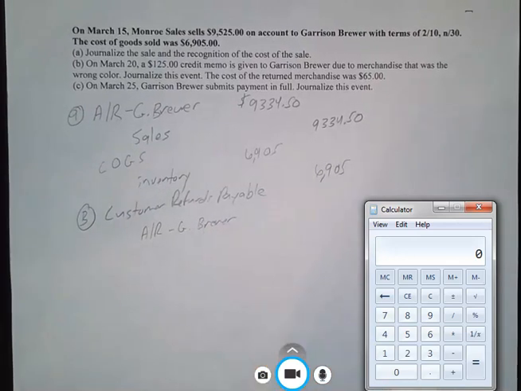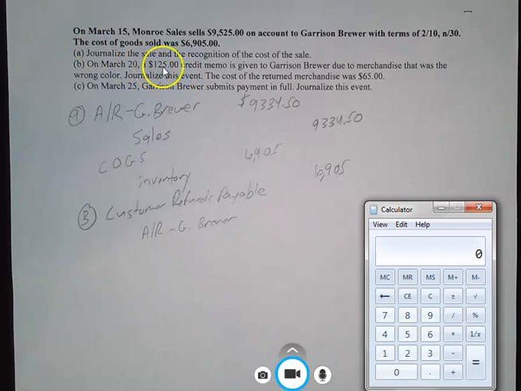And let's see here. It says $125 credit memo. But wait, we have to acknowledge that this $125 credit memo is based on the list price. This $125 is embedded in this $9,525. So we have to take this $125 and multiply that by 0.98 to reflect the 2% discount here.